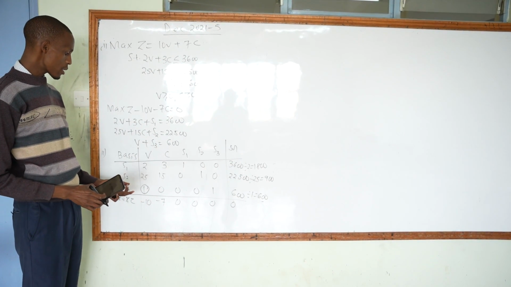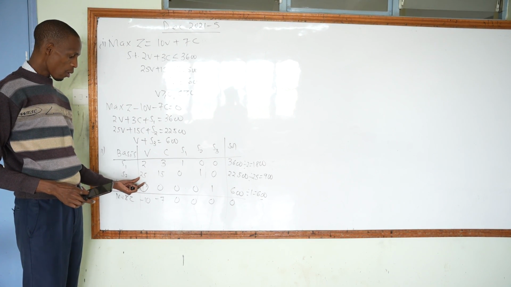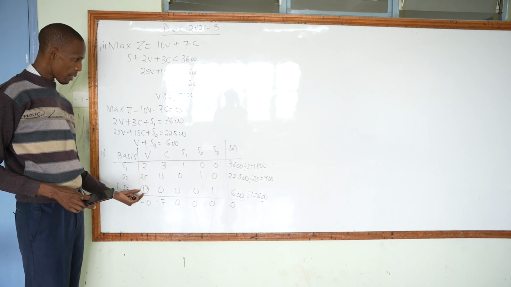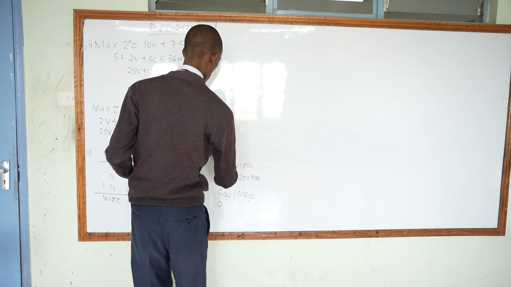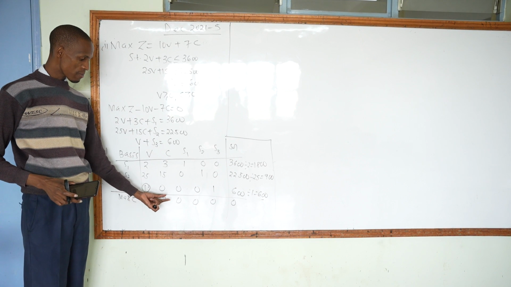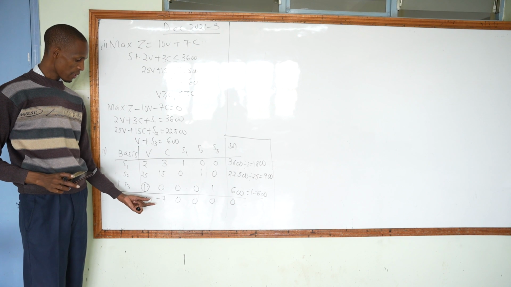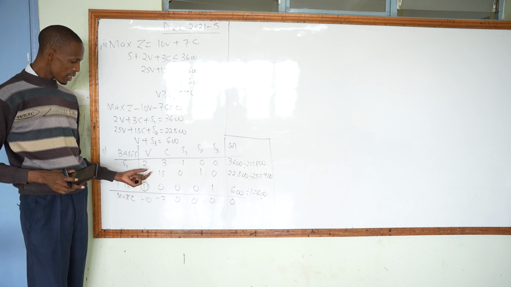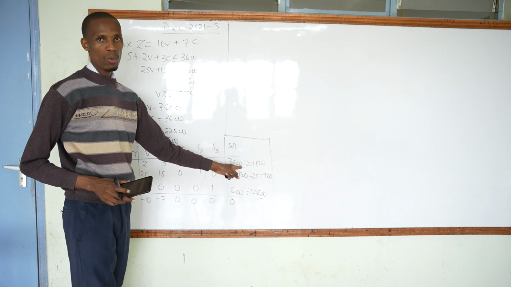Once we get the pivot element, we make this value become 1 and the others become 0. Remember, this is the pivot element. So let me prepare another table. How are we going to know whether we are correct? Until all these bottom values become positive. Another thing we need to note is that if any of these values is negative or 0, we ignore it when getting the quotient.